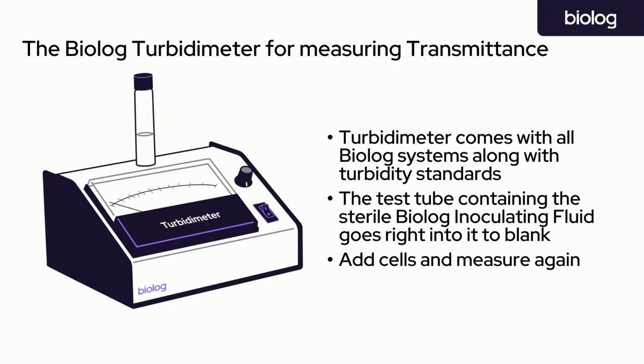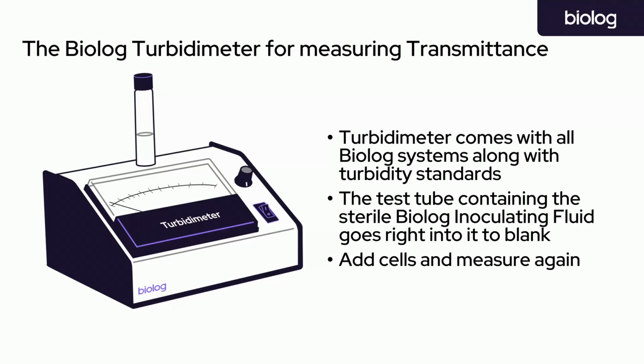And to make things nice and easy, the tubes of inoculating fluid are sized to fit in the turbidimeter. So all you have to do is take your tube of inoculating fluid, put it in the turbidimeter and blank to 0, and then do a quick check with one of the turbidity standards. There's one for each of the ID protocols at those specific turbidities to make sure that your dynamic range is measuring properly, and then put your tube back in and add cells to the desired inoculating density, and that's it.